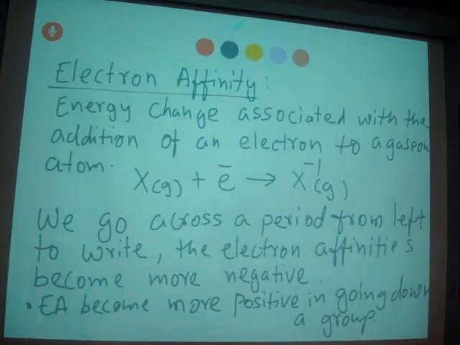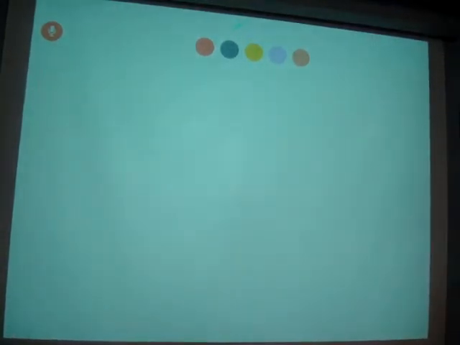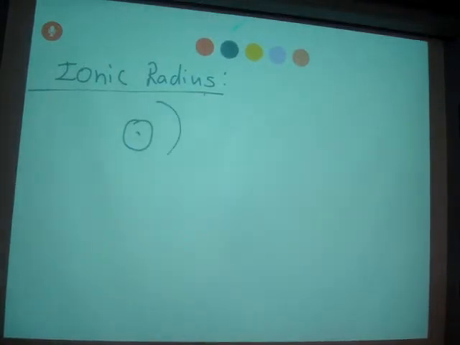Now we'll talk about ionic radius. When you talk about radius, it's always the distance from the center to the outermost electron. That's the radius, right?